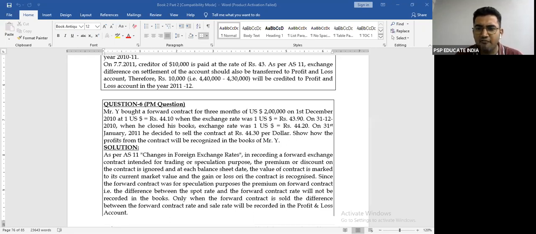In the meantime, I have other doubts. Let me solve that as well. So there is one doubt which says, what is the difference between hedging transaction and speculation transaction? Okay, Akshay, so hedging means that when you buy something from outside India and you have not yet paid, it's a credit transaction. So you will pay later. When you pay later, you are afraid that the rate will increase and you will have to pay more.